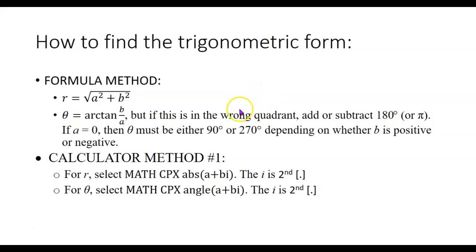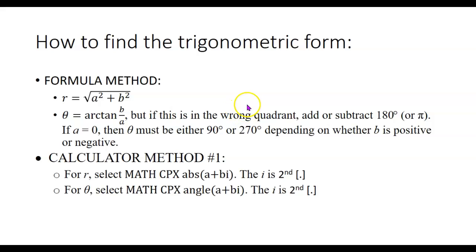And so the angle has to be either 90 degrees if it's straight up, or 270 degrees if it's straight down. So if a is 0 and b is positive, theta would be 90 degrees, or pi over 2 in radians. If a is 0 and b is negative, then theta is 270 degrees, or 3 pi over 2 in radians.